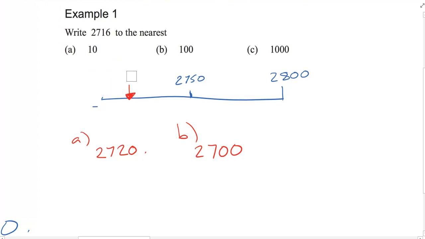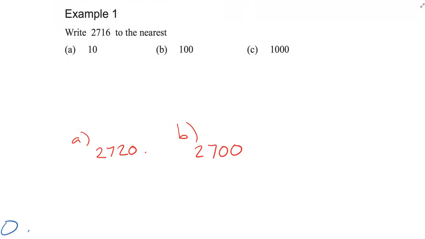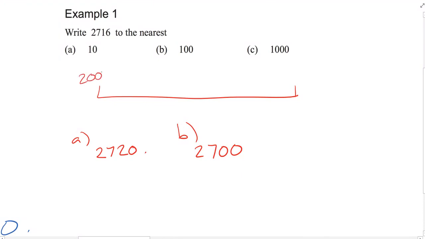Finally, let's start thinking about part C, to the nearest 1,000. In this particular case, we are going to draw our number line yet again, and 2,716 will be somewhere between 2,000 and 3,000. The middle marker, which will help us to decide which side we're on, is right in the middle there, 2,500.